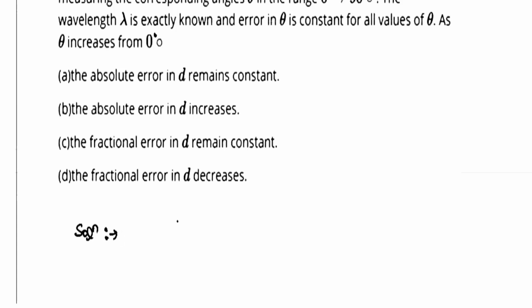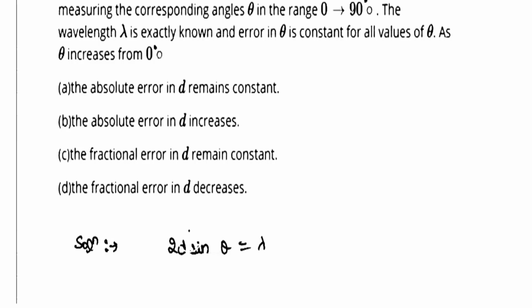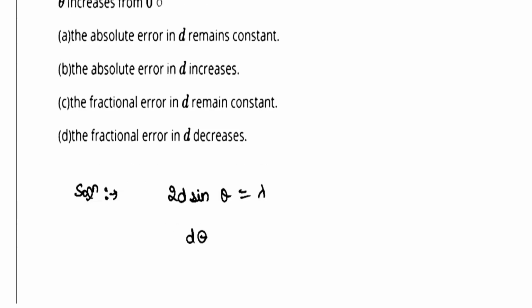So the solution of this question is, we have the expression 2d sin theta is equal to lambda, so from here we can write d is equal to lambda divided by 2 sin theta.